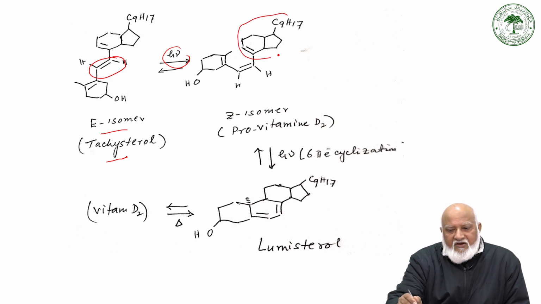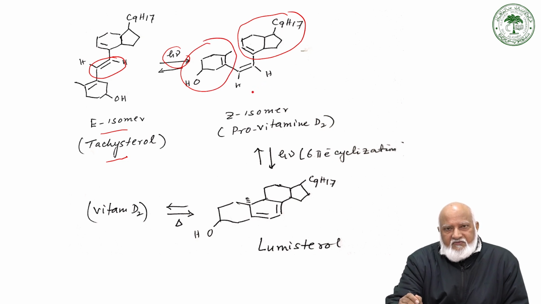So, you can have this bulky substituent in the cis orientation, and you can see very carefully this is again nicely set for 2, 4 and then 6π electron cyclization in the Z isomer.